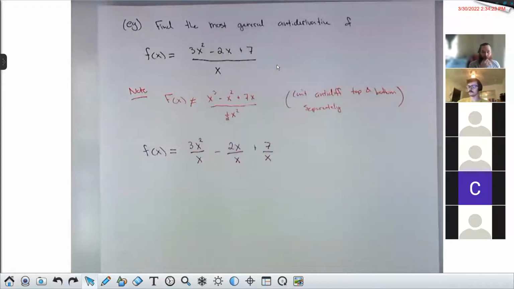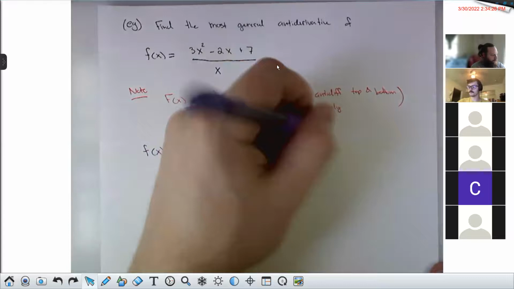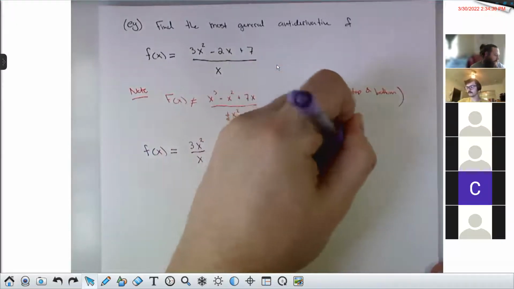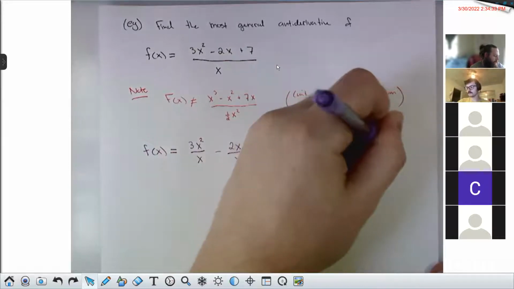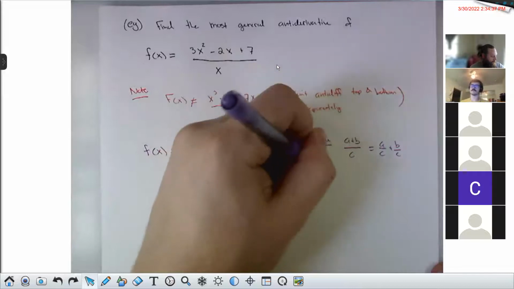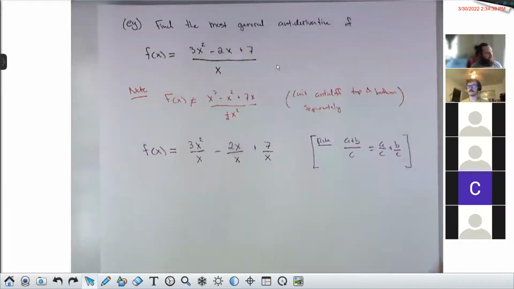This sort of stuff works. The algebra rule, just that fractions like a plus b over c can always be split up as a over c plus b over c. Just algebra.